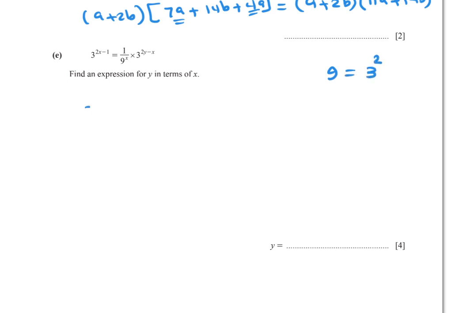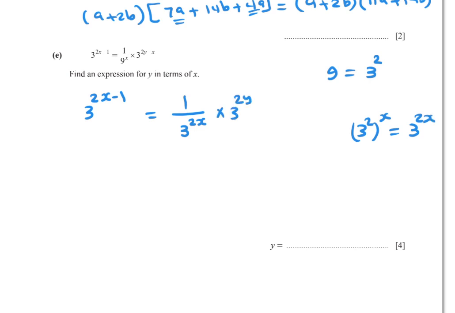So the left hand side is 3 power 2x minus 1. For the right hand side, 1 over 9 power x means 1 over 3 power 2 all power x, so 3 power 2x. Because 3 power 2 all power x means 3 power 2x. Times 3 power 2y minus x.